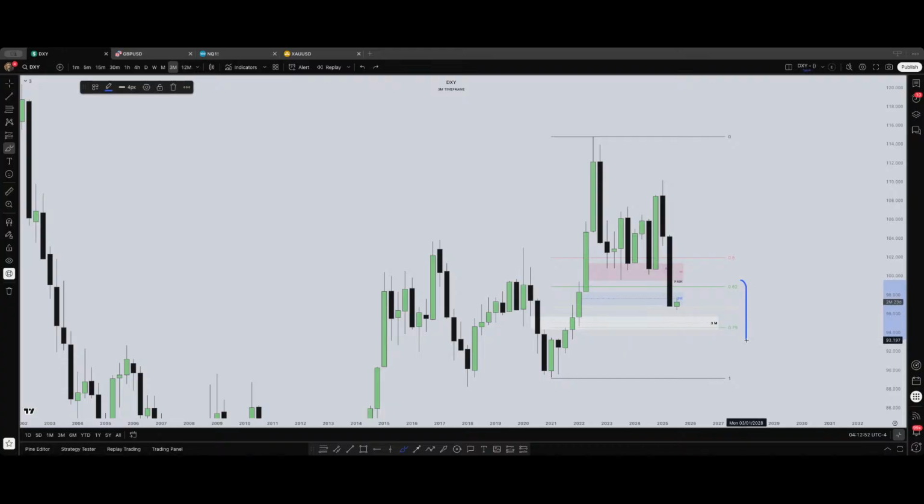It doesn't need to be perfect, reaching here and then reversing, but normally we have some levels or some items that make sense in this level, so sometimes it does, and you can expect a breaker here or an inversion fair value gap like here.